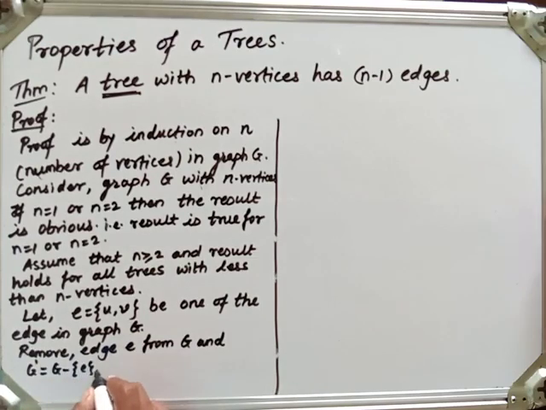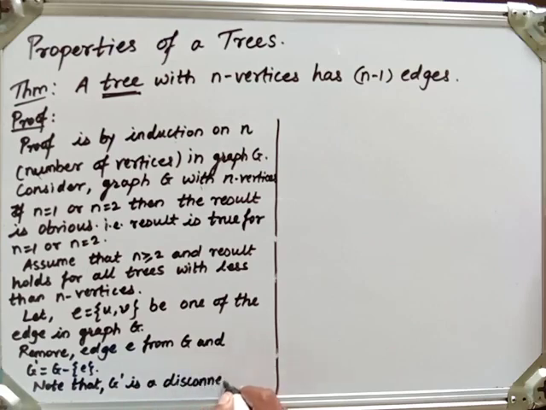Okay, now note that G dash is a disconnected graph.